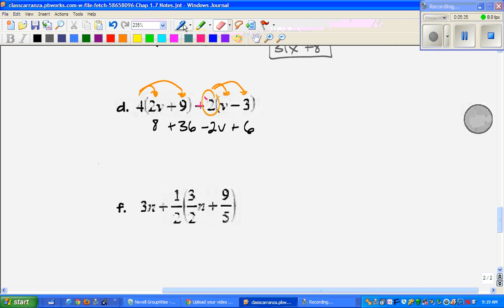I'm sorry, that's not supposed to be y, that's supposed to be v. Okay, so let's find like terms. The v's are the same, and our constants are the same. After you combine those, you're going to get 6v plus 42.